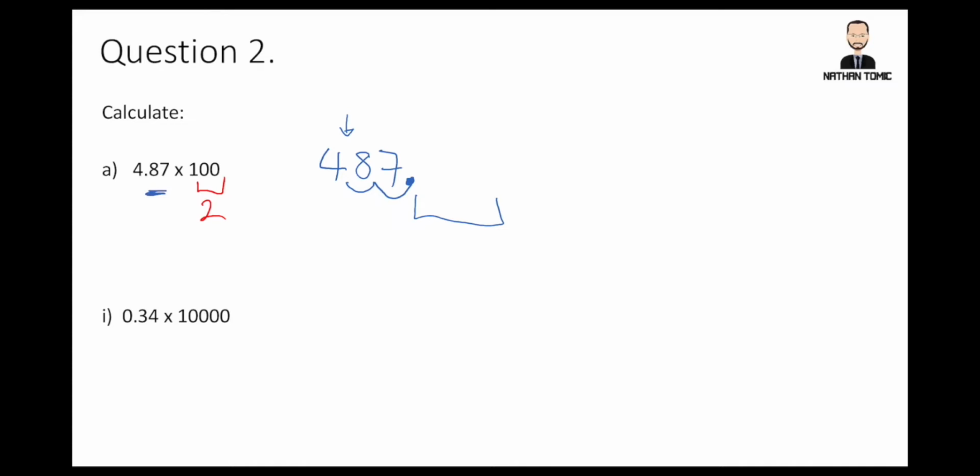So I'm going to keep this one to 2 decimal places as well. There is nothing in the question that says show it to 1 decimal place or in its simplest form or anything like that. So I'm going to keep the 2 decimal places minimum that the question had in it. So my final answer is going to be 487.00. Okay, that's how I'd like you to try and show your answer.